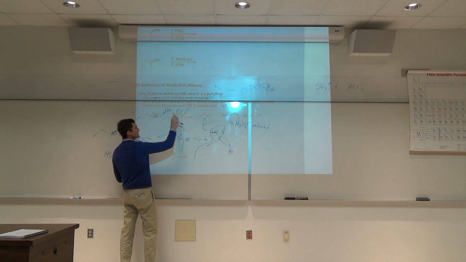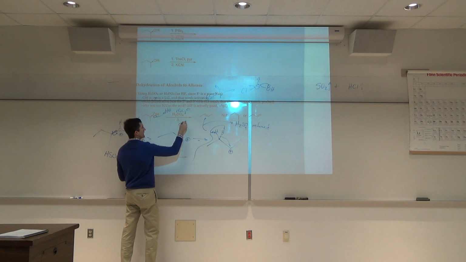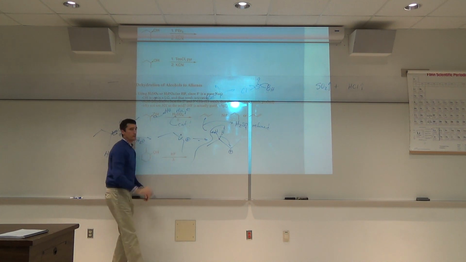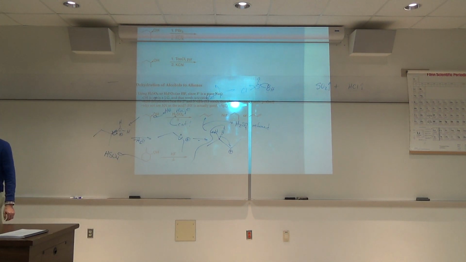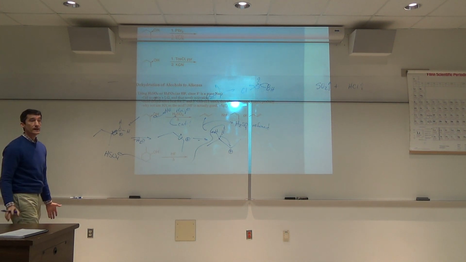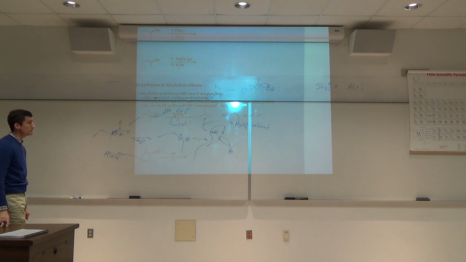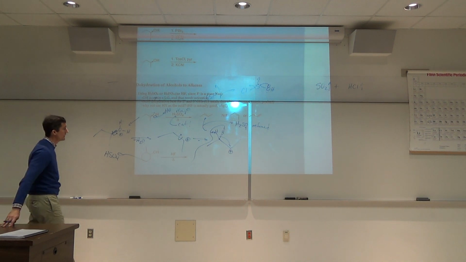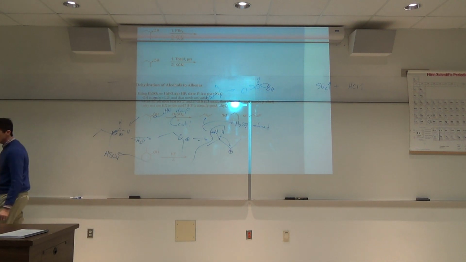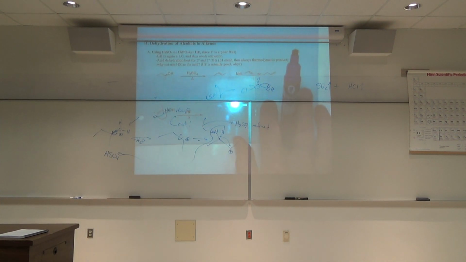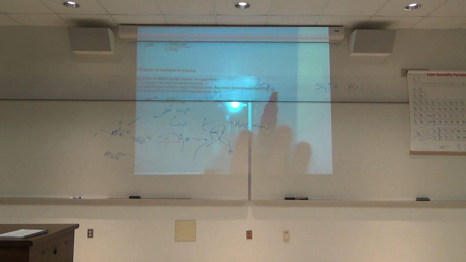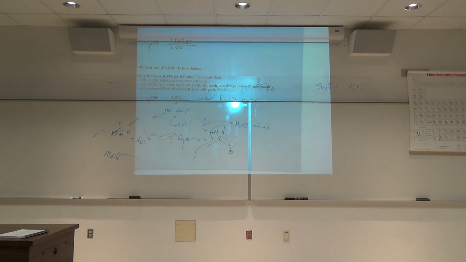So H2SO4 is actually what in this reaction? Yes. It's just an acid catalyzed dehydration of an alcohol by an E1 mechanism. Product down below. Can you show product down there?